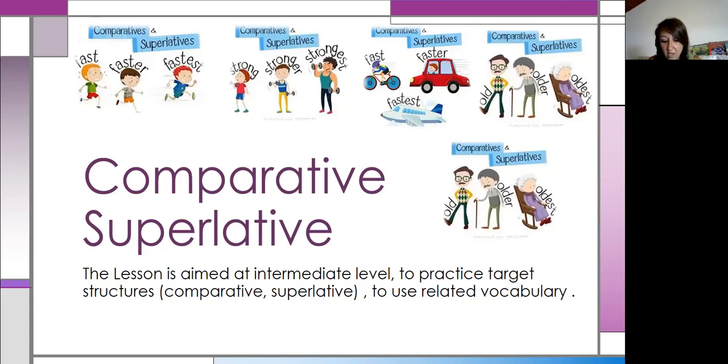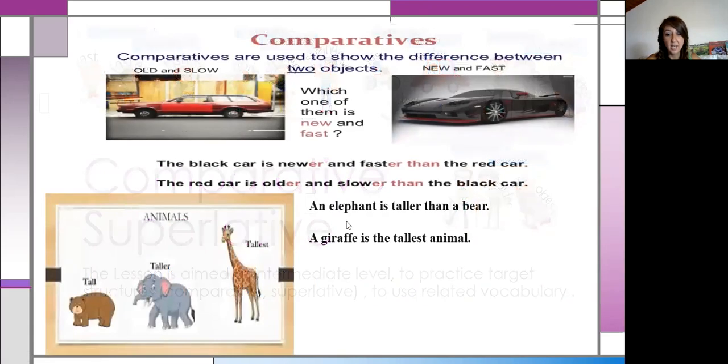But what if we have two cars? We are going to learn how I can compare this red car and this black car. Okay, we continue.